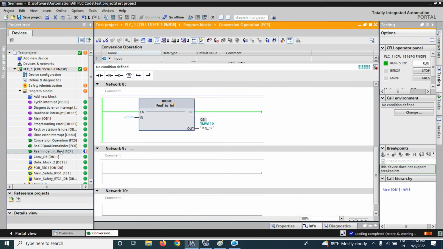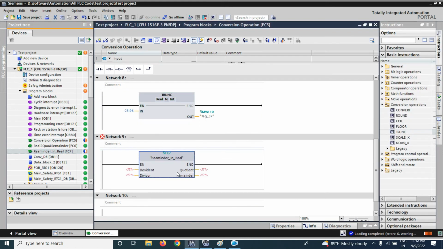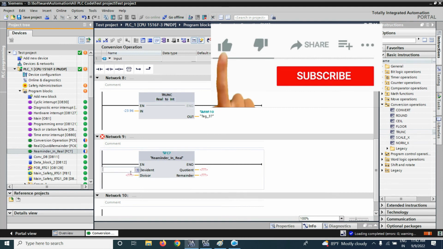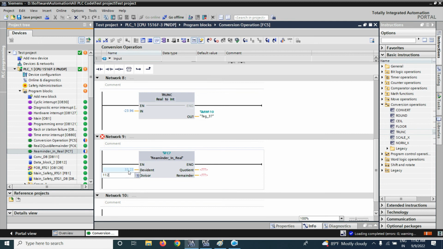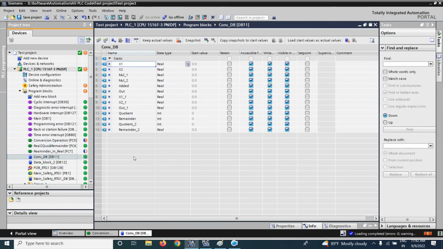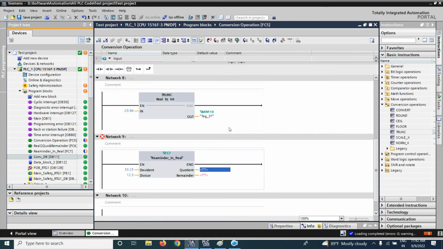Now I'll use that remainder in real function here. I will write a dividend of 23.23 and a divisor of 12.3. In the convert block, I will write this as quotient in integer and remainder in real.